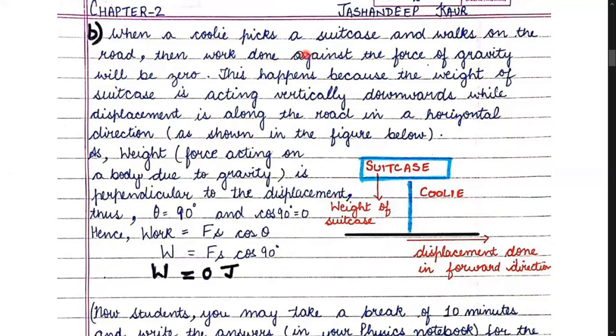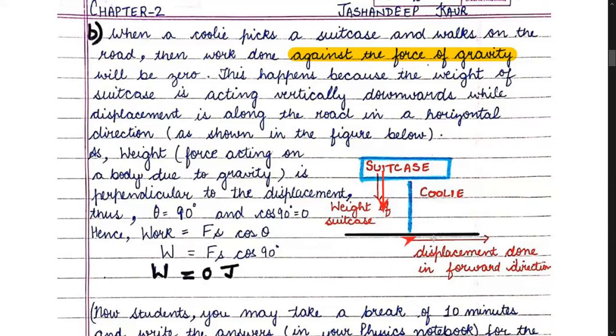Work done against the force of gravity. Now this happens because the weight of suitcase is acting downward. Children, weight always acts downward. We did in first chapter also. So weight of the suitcase is acting towards the earth, in downward direction.